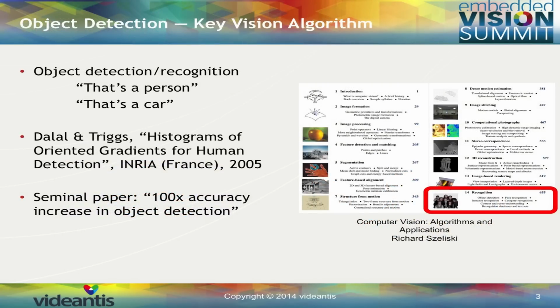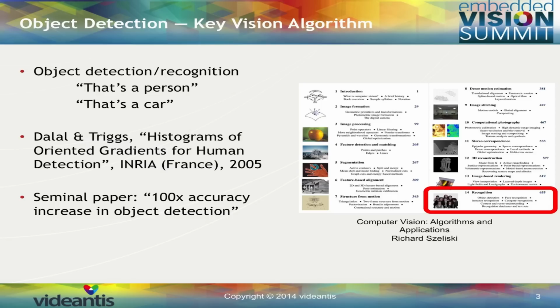So object detection and object recognition, what does that do? What you can do with object detection typically is recognize an object. So like, is this a person? Not who is it, but just is there a person there, or is there a car in view?